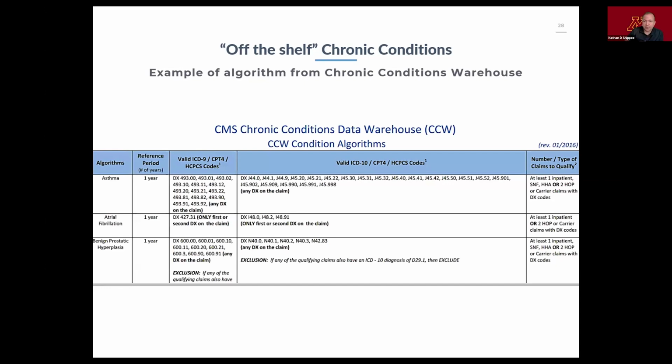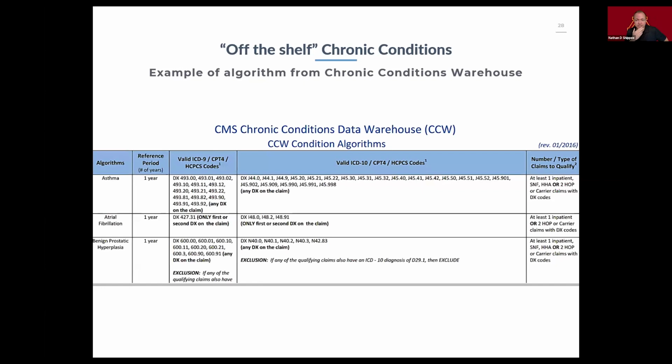And then the last thing I wanted to draw your attention to is the far right column, and you'll see how this lines up very closely with the algorithm set of rules that I was listing from Hebert et al. That is, what number of claims and from what type of claim file.